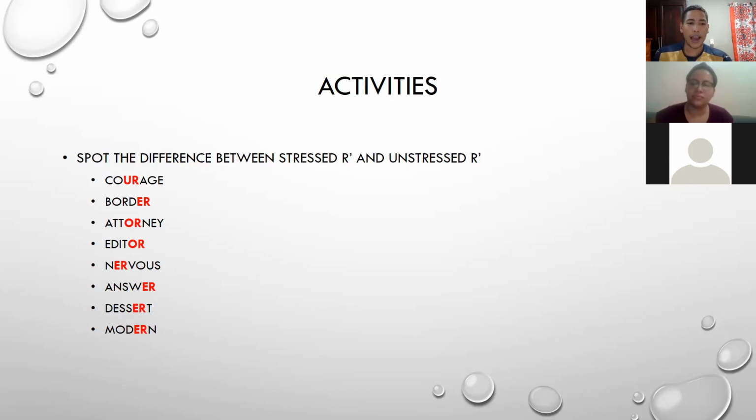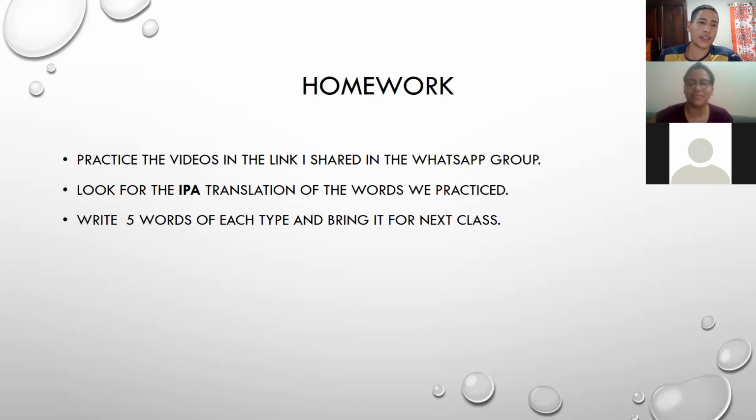And I think we're running out of time. So let's go to the homework. I need you to practice the videos in the link that I shared with you in the WhatsApp group. These videos are part of the shared ones here. In the production, it is in full, so you can see the differences better. And I want you to look for the IPA translation of the words we practiced.